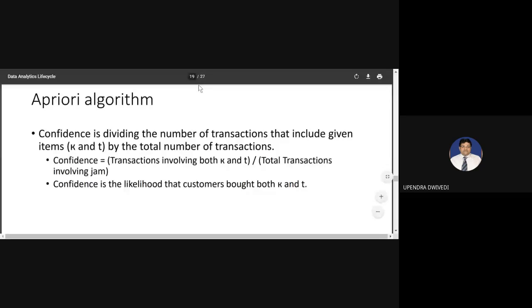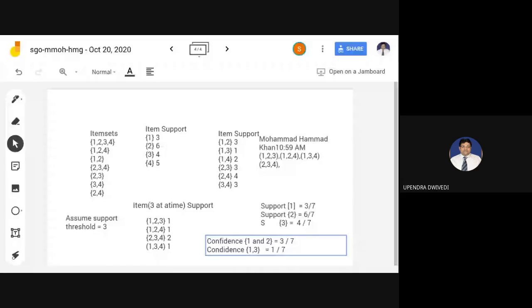So we have calculated the confidence of set 1 comma 2, that is equal to 3, the number of transactions involving 1 comma 2. The total number of transactions is 7. So that will be 3 by 7.